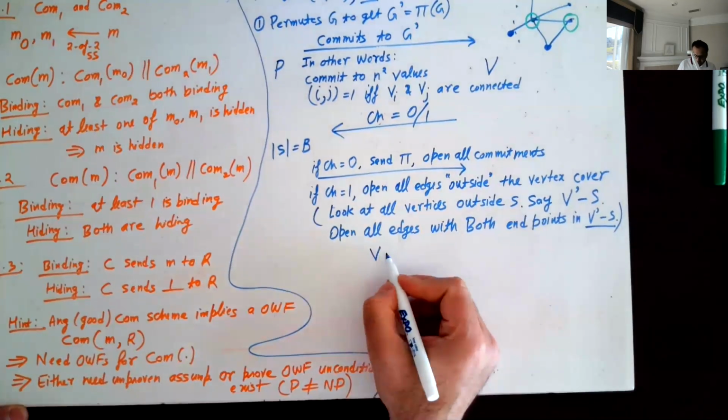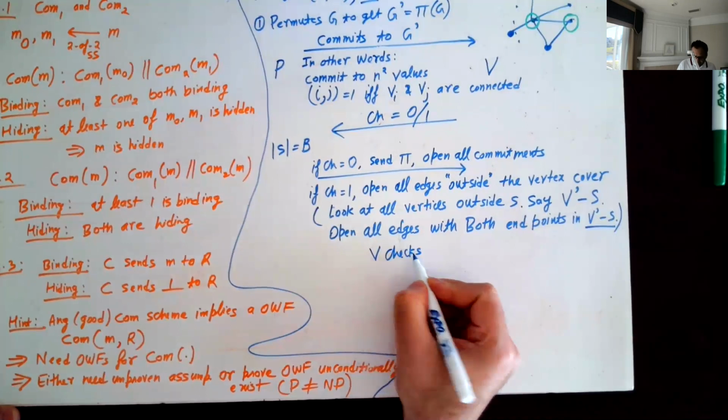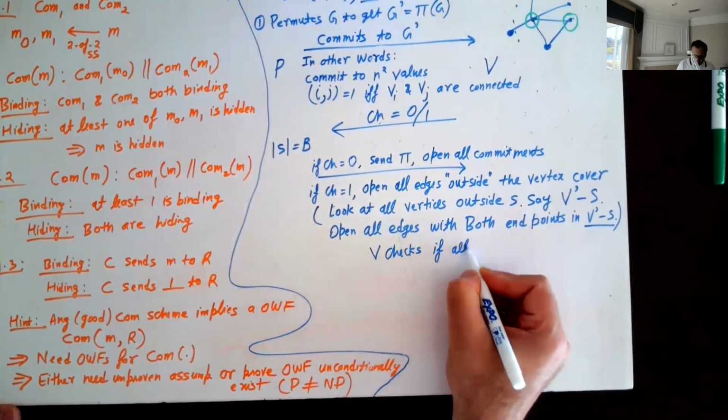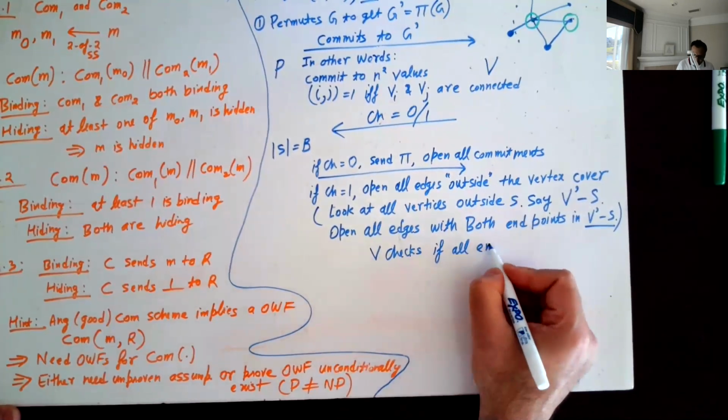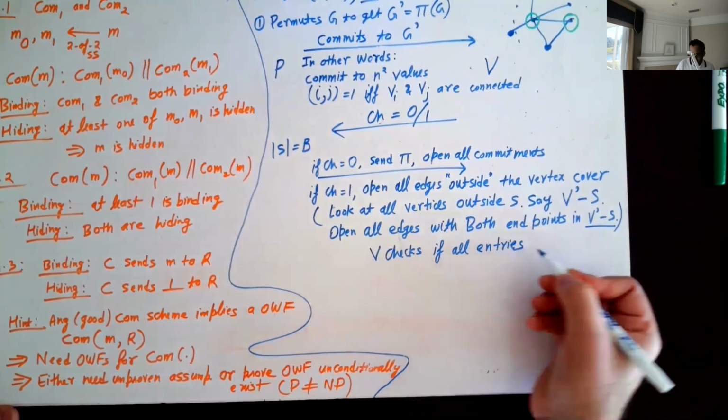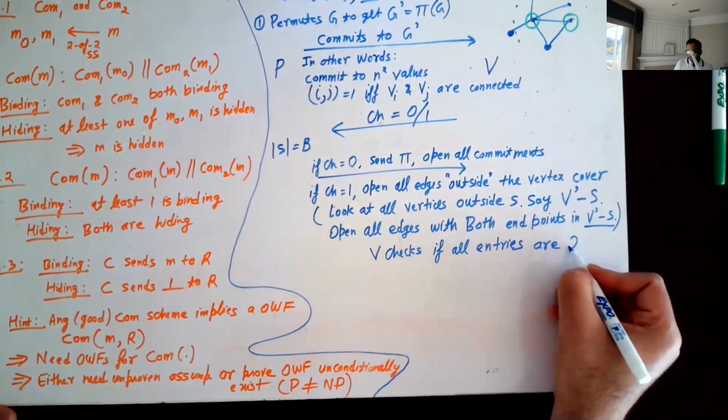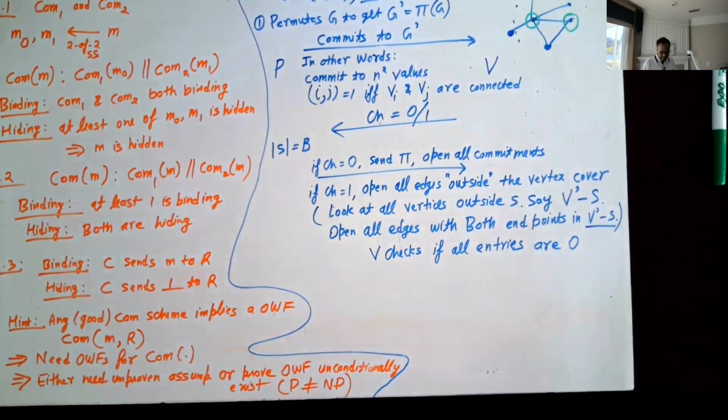And V checks if all entries are 0. Okay, there's not supposed to be an edge which is completely outside the vertex cover. So outside the vertex cover, basically the prover reveals all the entries, and the verifier checks all of these are 0.